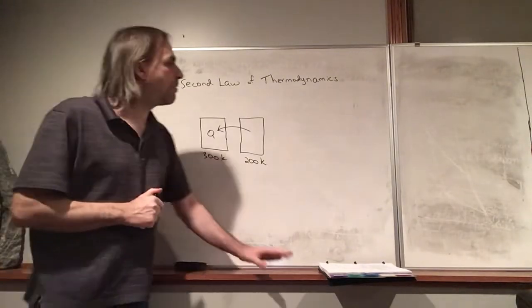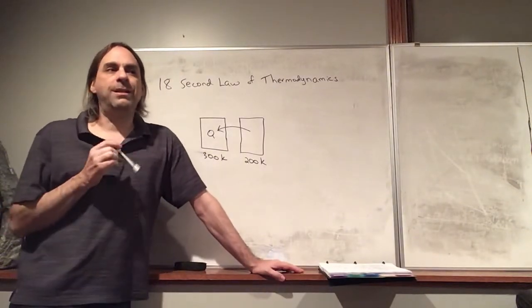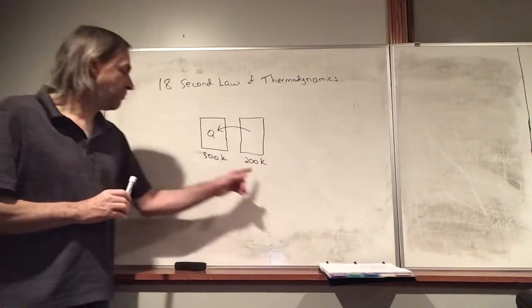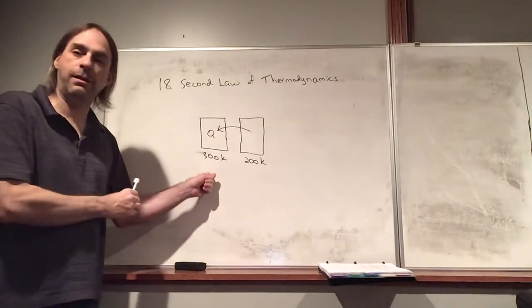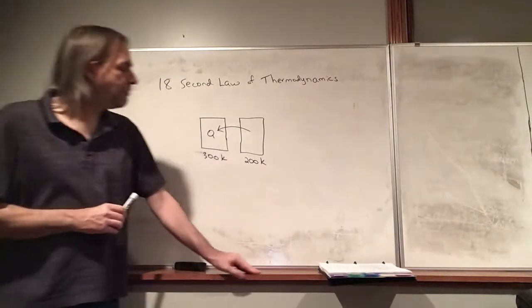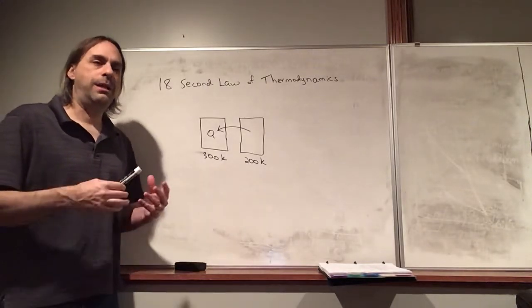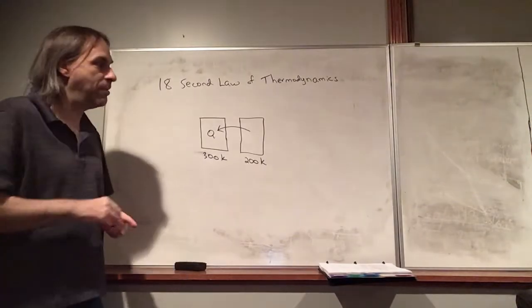The second law of thermodynamics is something very different because it's not even really saying that something like this cannot happen. What the second law of thermodynamics is saying is that something like this happening is extremely unlikely. It's really based on probability.